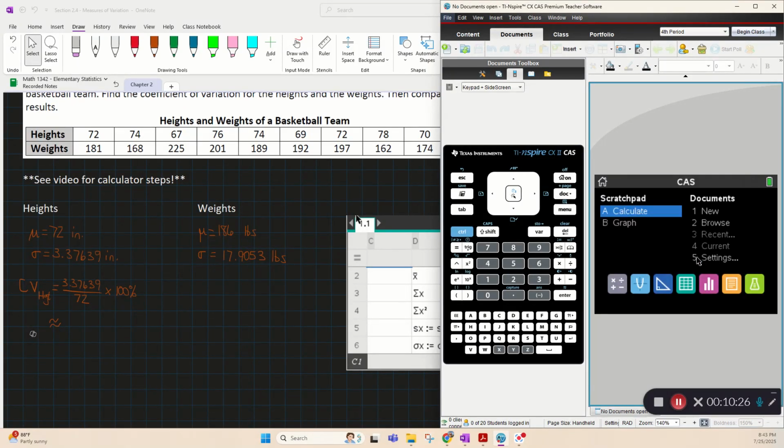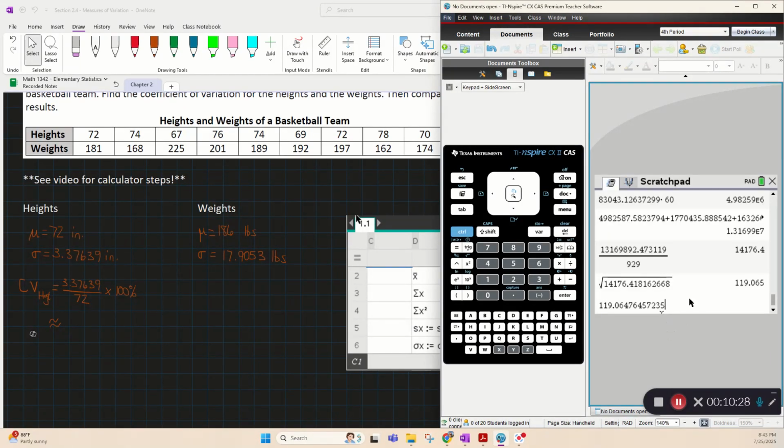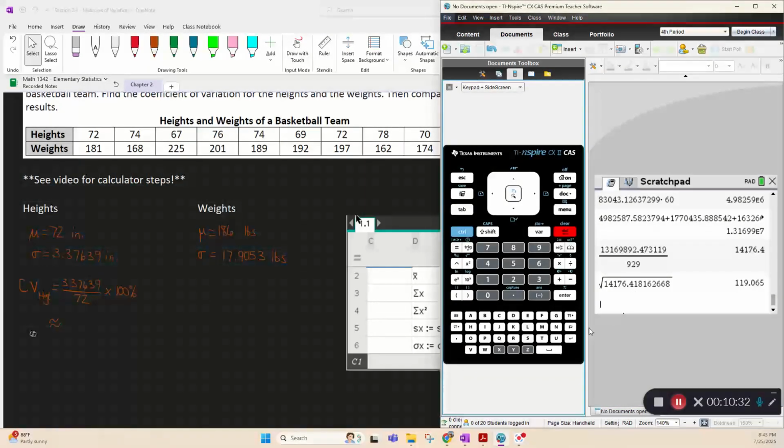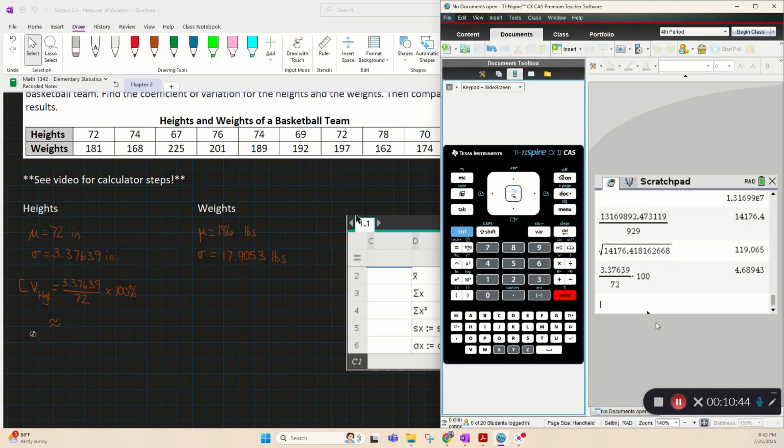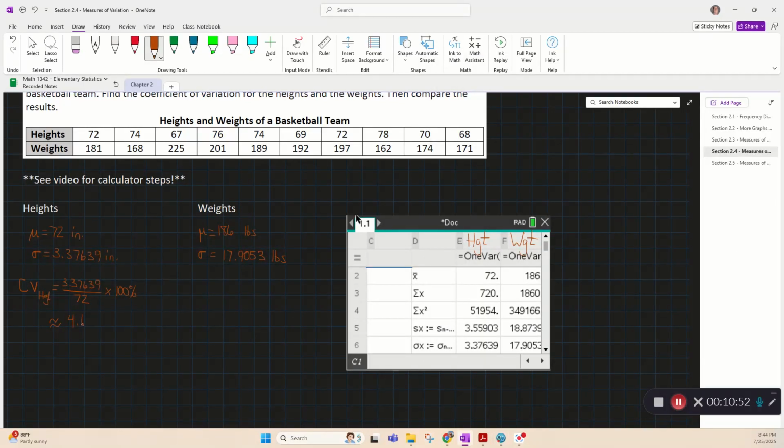I'm going to just go here to the scratch pad and type in my values. 3.37639 divided by 72 times 100. 4.69%.